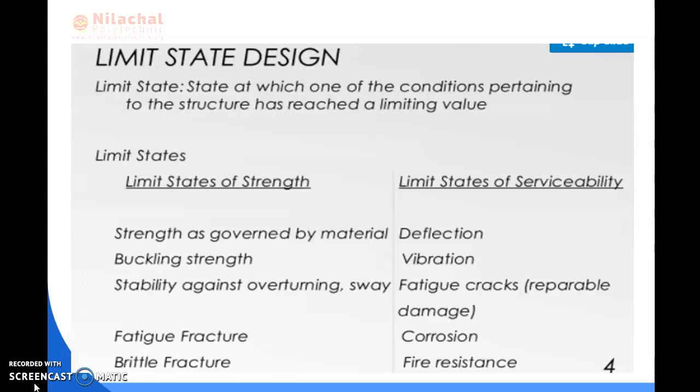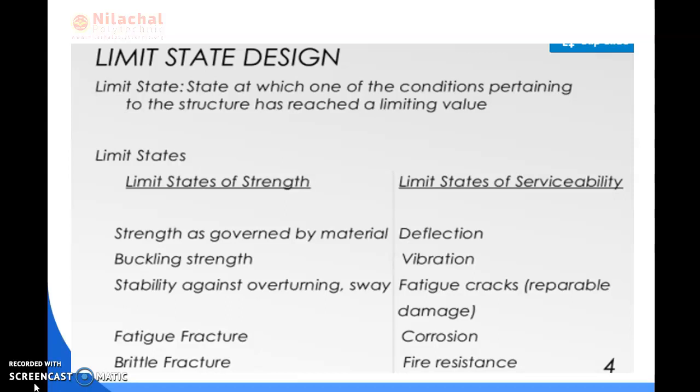Next we discuss limit state design. A limit state is one in which a condition pertaining to the structure has reached a limiting value. The limit state basically depends on two things: first, the limit state of strength, and second, the limit state of serviceability.